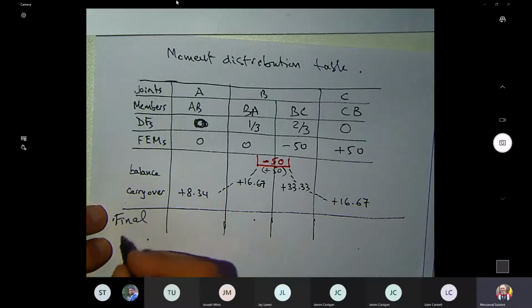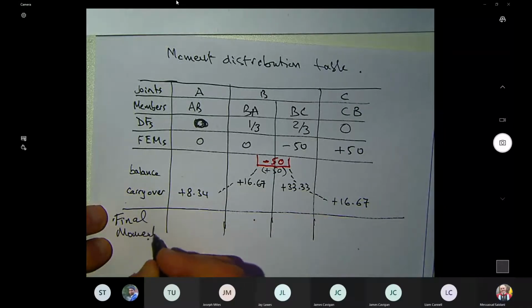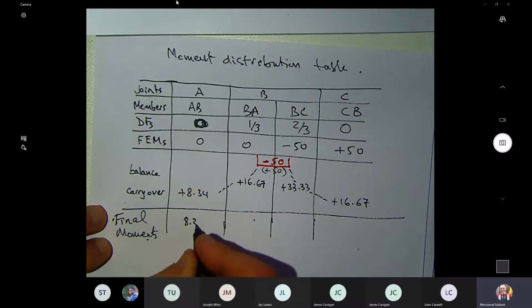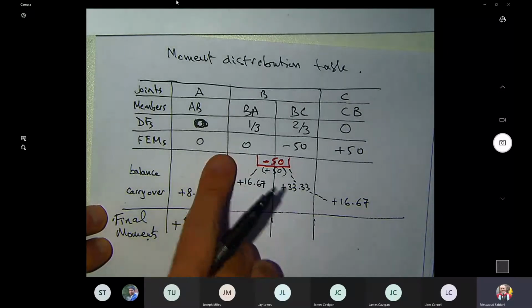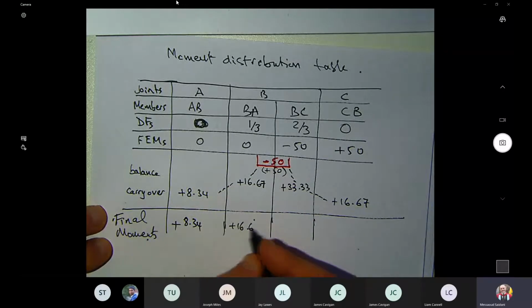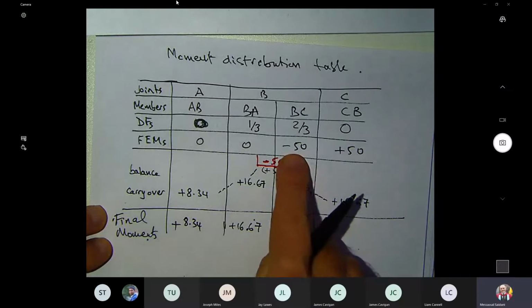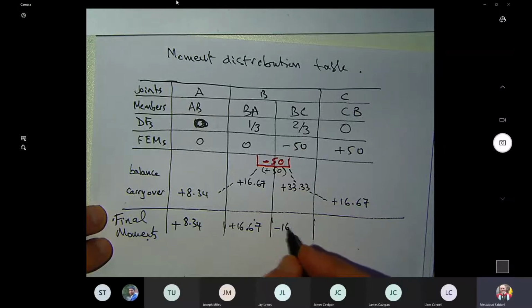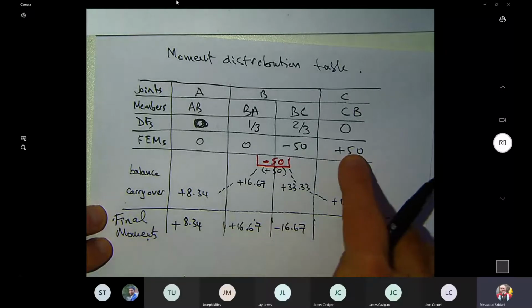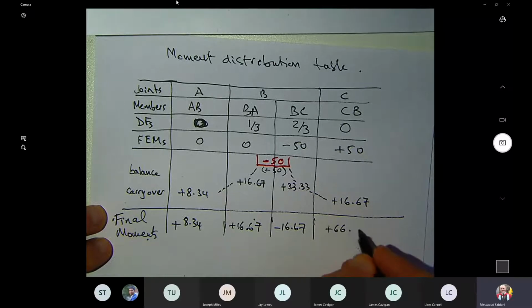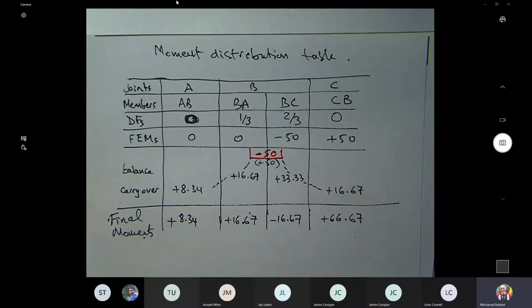And then we draw a line to get the final moments. So we have 0 plus 8.34 is 8.34. 0 plus 16.67 is 16.67 with a plus. And minus 50 plus 33, please do check it, is minus 16.67. And then you have plus 50 plus 16.67 is 66.67.